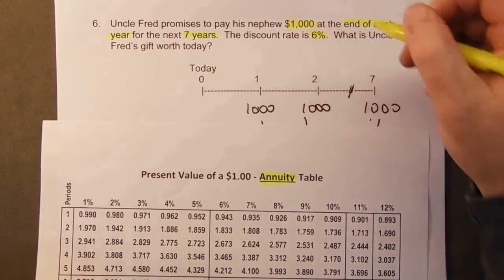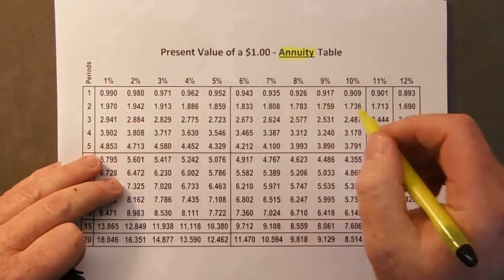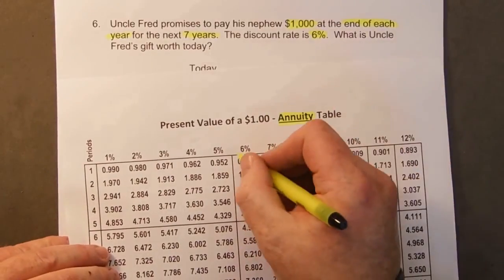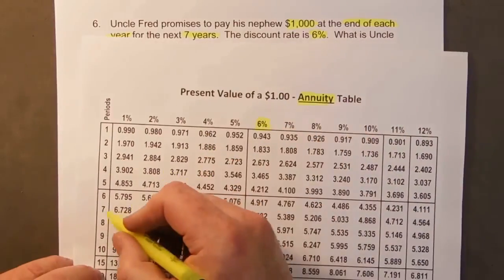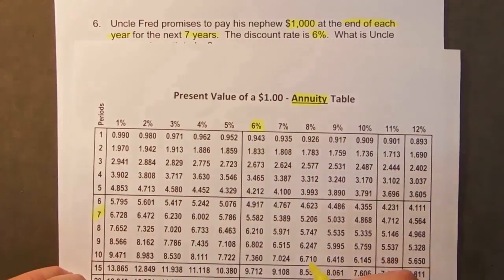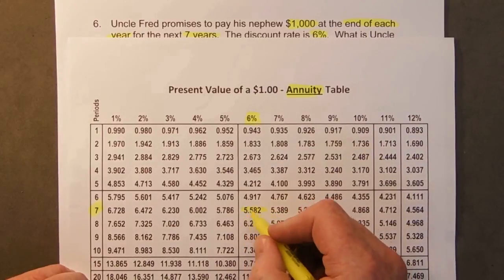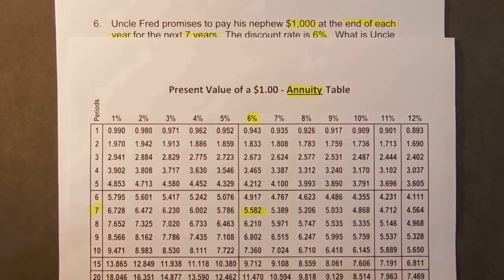So we're going to take 6%, 7 periods. So 5.582.